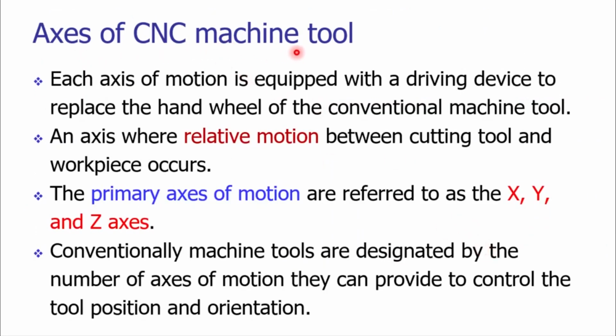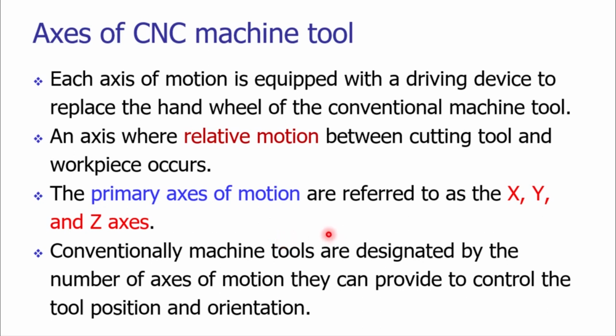The CNC machine tools are designated based upon various axis configurations. Each axis of motion is equipped with a driving device that replaces the hand wheel in a conventional machine tool. The axis can also be defined as the direction along which we can have relative motion between the cutting tool and the workpiece.